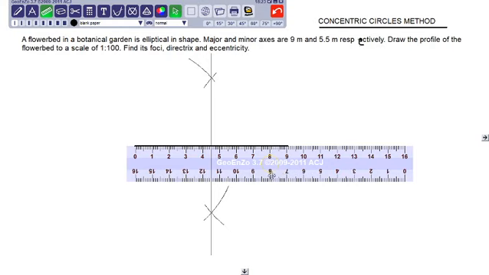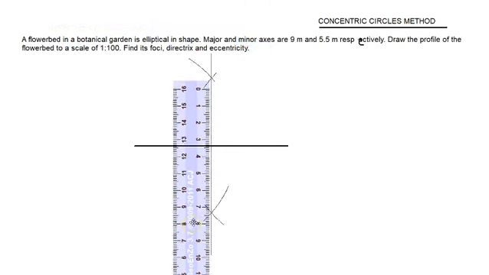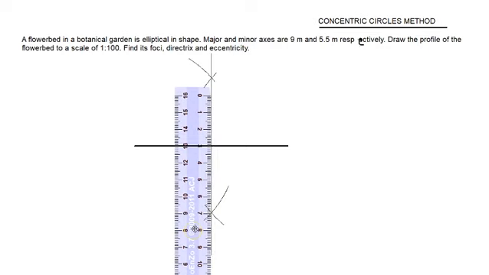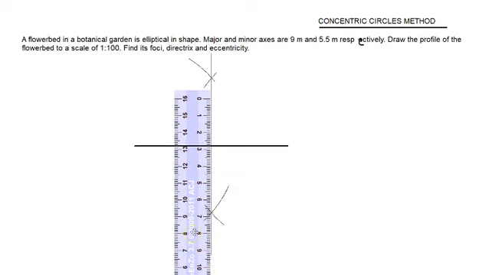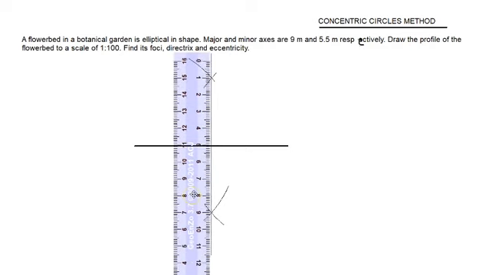So what I will do? I will take vertically 55 mm. Okay, so if I take vertically 55 mm, it means what? 27.5 I have to take. So let us take from here.